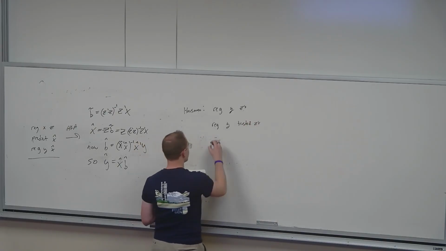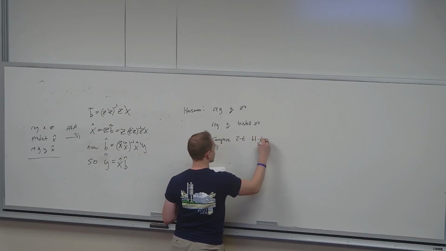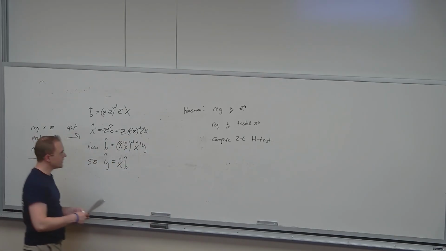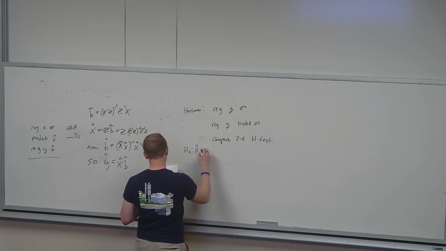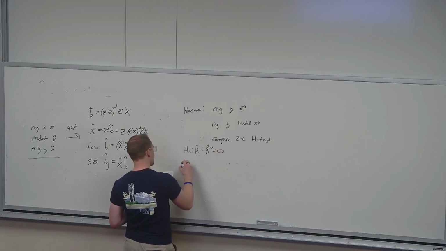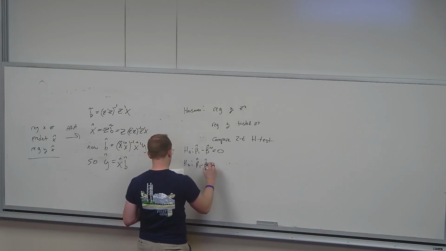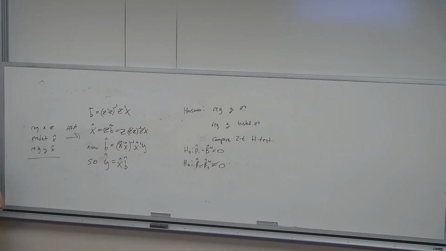And then you're going to compare them in a two-tailed hypothesis test. Your null in this test is that your beta hat from OLS, or what you're comparing to, minus your beta hat IV equals 0. Your null is that they're the same, and your alternative hypothesis is that they are not the same. That is how a Hausman test would work.